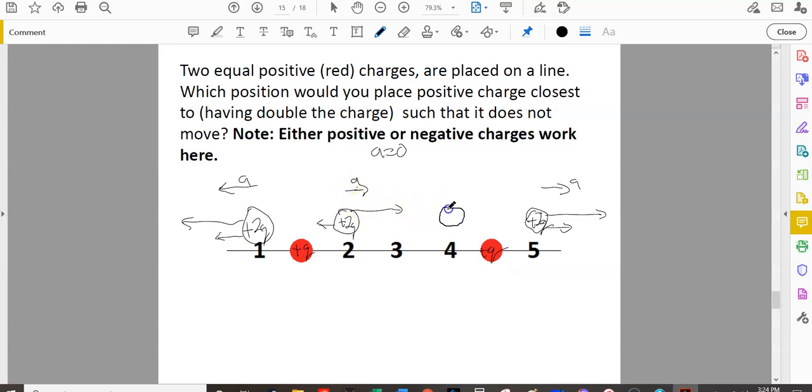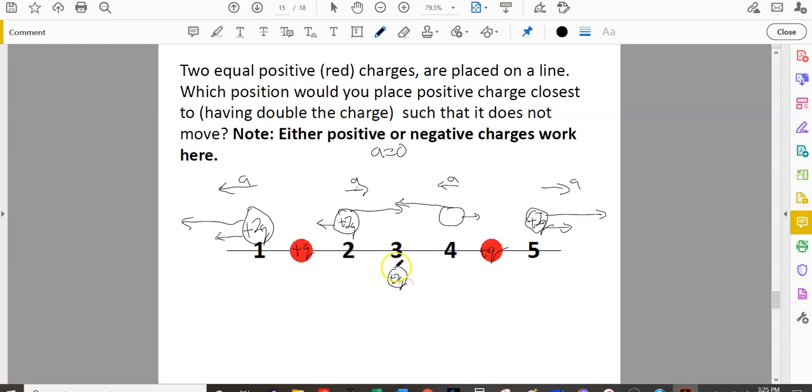And the opposite is true over here. You push it over here, it's going to have a force to the left due to this positive Q. It's going to be repelled. And this positive Q over here is going to repel it to the right a weak amount, which means it's going to begin accelerating to the left. The only place is to put it right here.